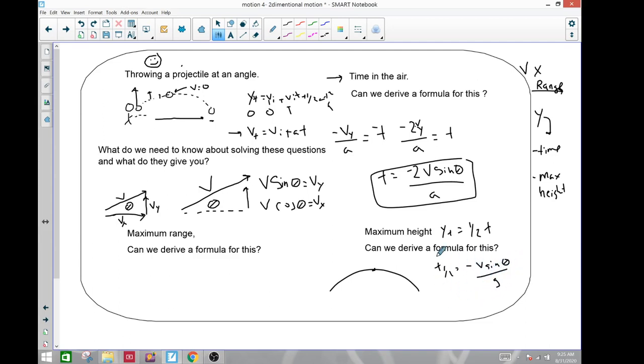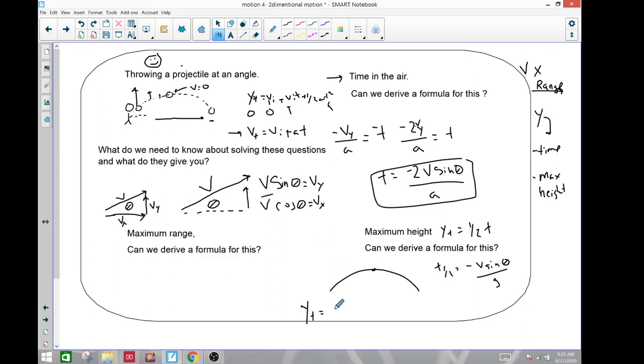And then I want to locate my position. So let's just kind of plug and chug here. It might get a little bit hairy as far as some numbers, but I'm looking for y(t), the location. Initial y is 0. Velocity initial in the y direction is just this right there.